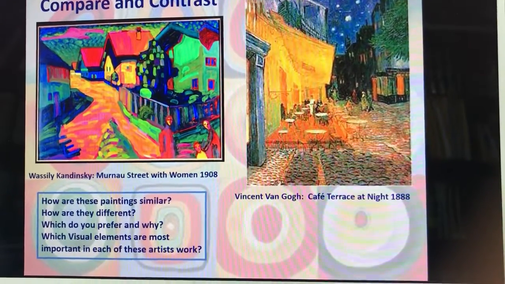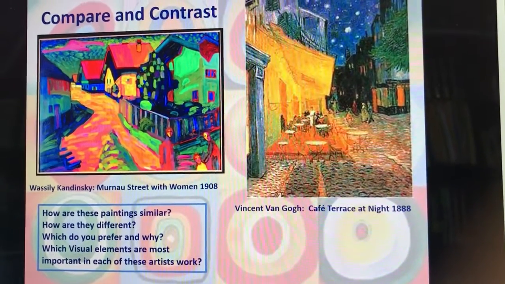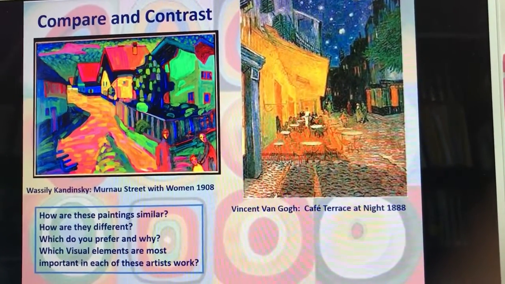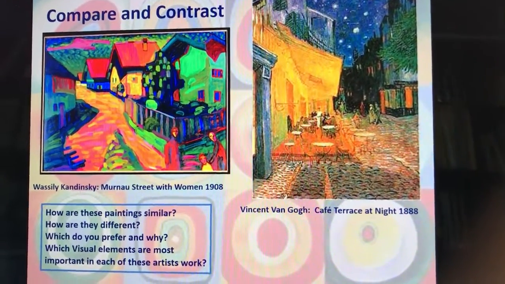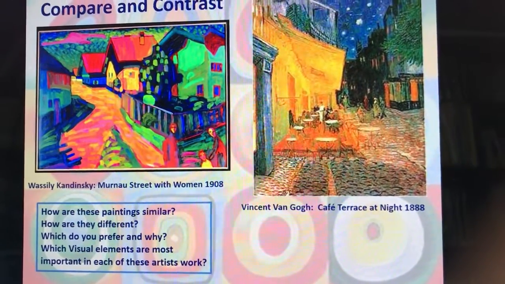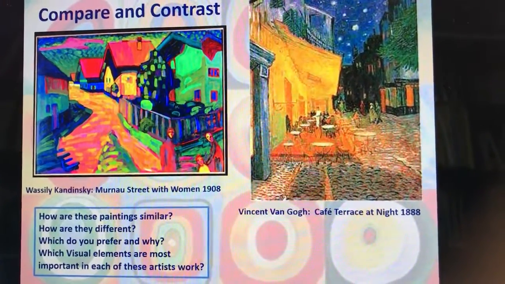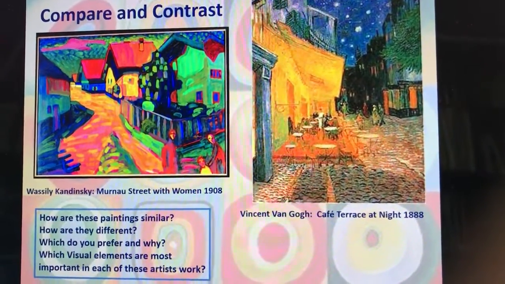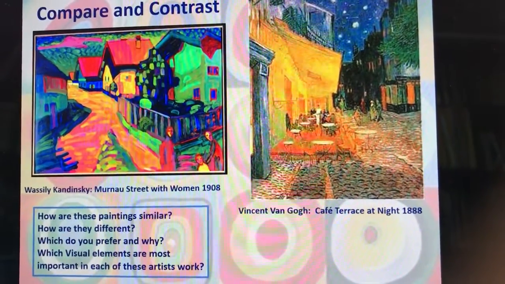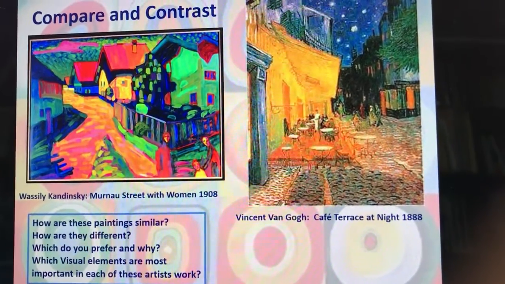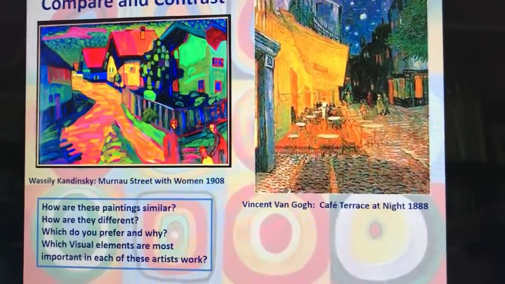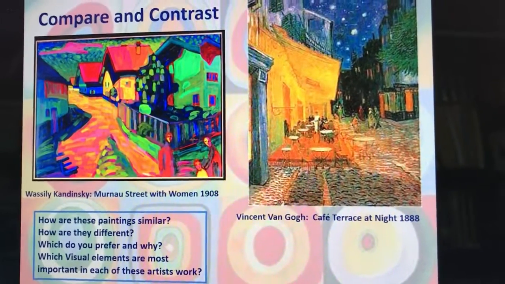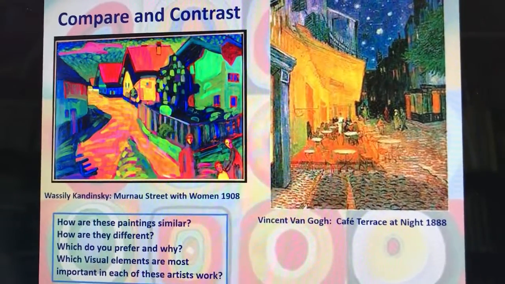When you take a look, there are a lot of different tones of color. You can compare and contrast them. Which one do you prefer, the one on the left or the one on the right? I can't compare them, but I love both of them. But you can see the different tones of color that these artists emphasize.